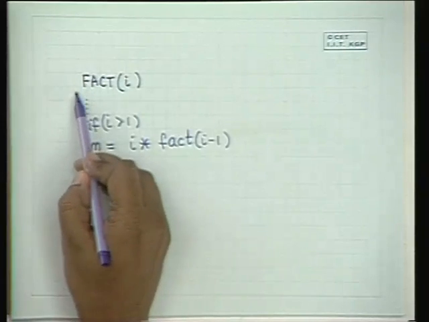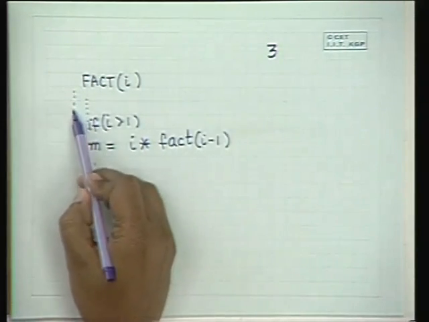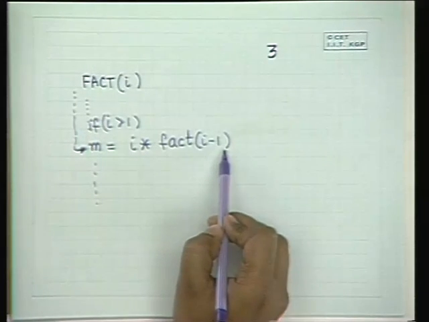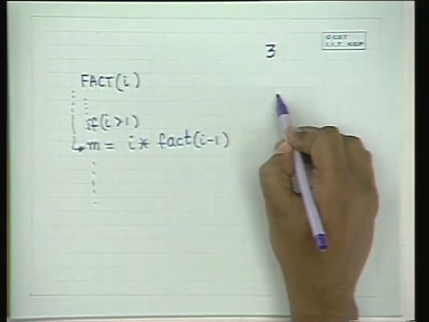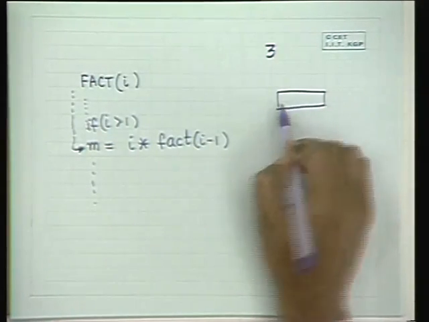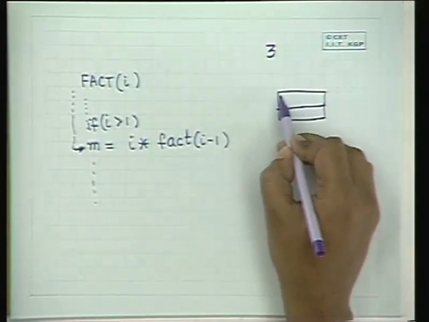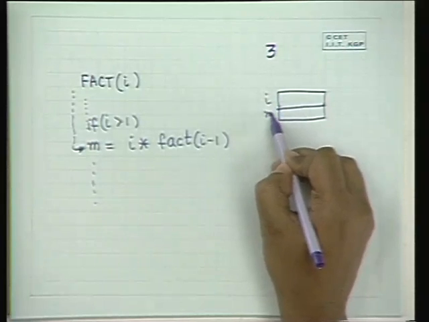So whenever this starts executing, say as we said with 3, at this point of time it makes a call to another function. So now we will understand it in a slightly smaller schematic. There is one variable only, which is I, and another variable which is m. So there are two variables in the data segment of fact, I and m.